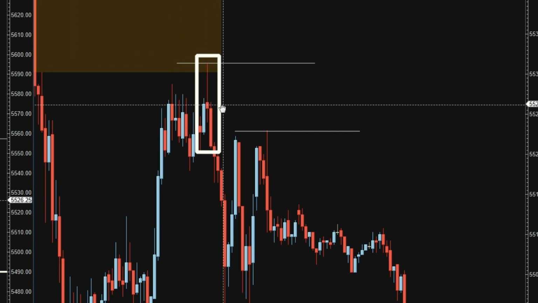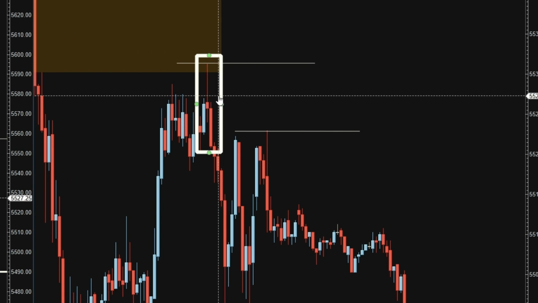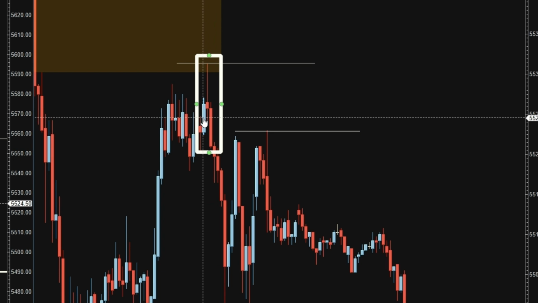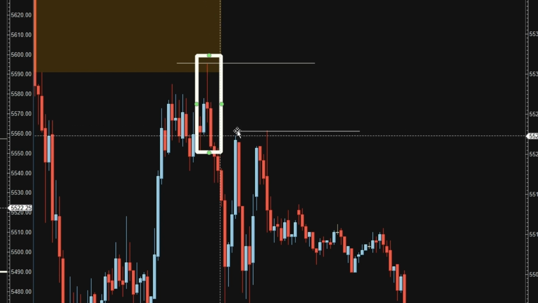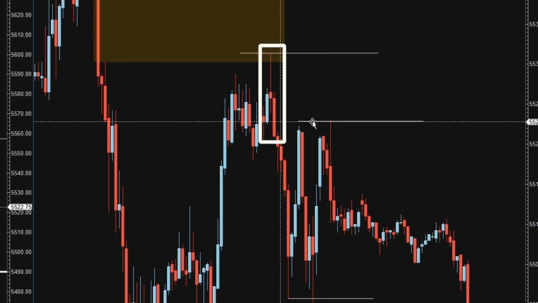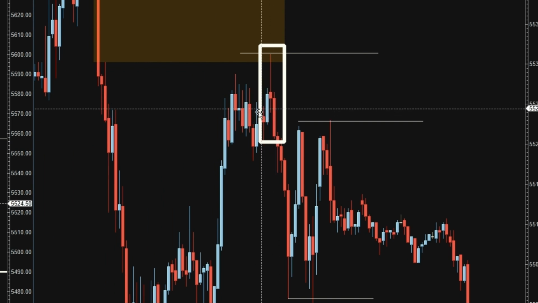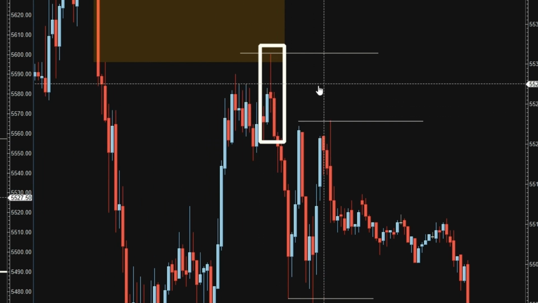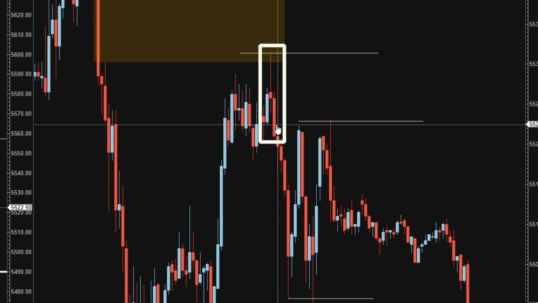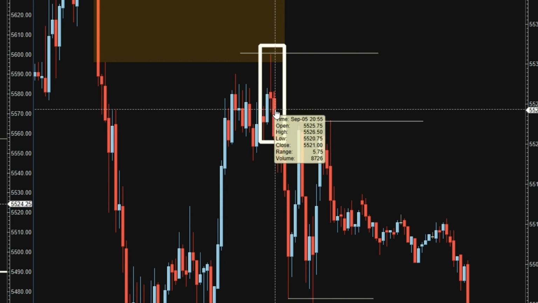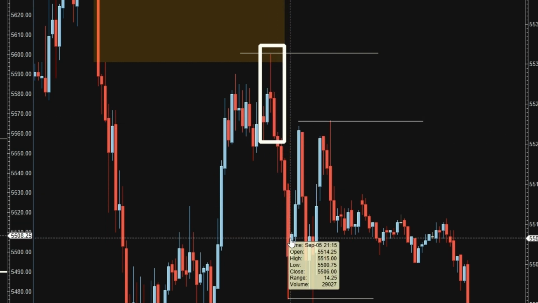So mind you guys, this pattern is not perfect. Sometimes you can see what I'm saying here, that we have this candle and this engulfing pattern here, but sometimes it's not going to be perfect like this. Sometimes we have like a small candle here, right? And then it breaks this and then continues further.